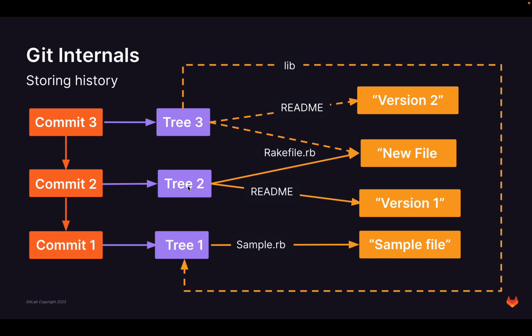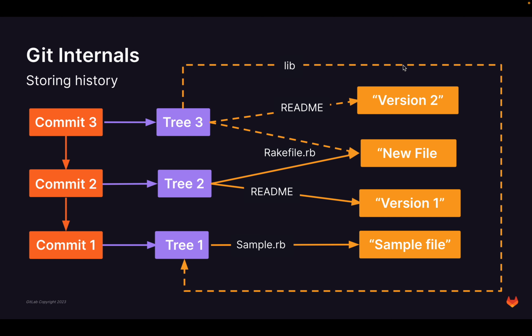And commit 2 contains a tree with another new file and version 1 of the README file. Then the third commit contains another tree with version 2 of the README file that was committed first, and the same new file that was in the previous commit as well.